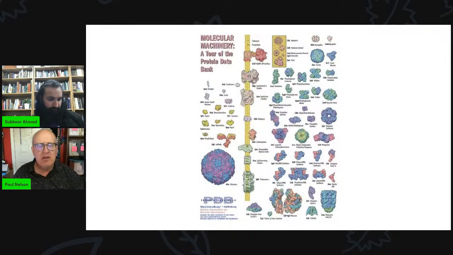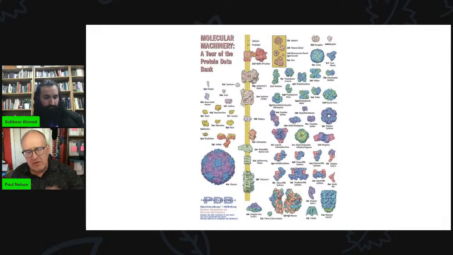Now, we could go to the Protein Data Bank, and there are these gorgeous illustrations from the scientific artist David Goodsell that I strongly recommend to you. This is one that he did a few years ago, and you just work your way around the page here, looking at these different essential proteins.